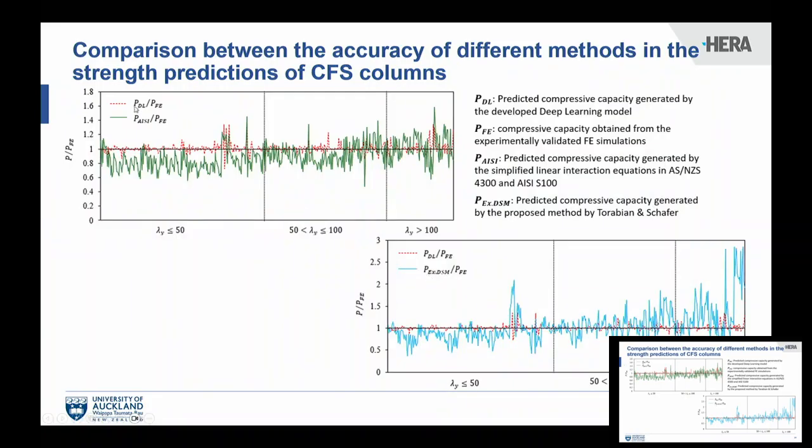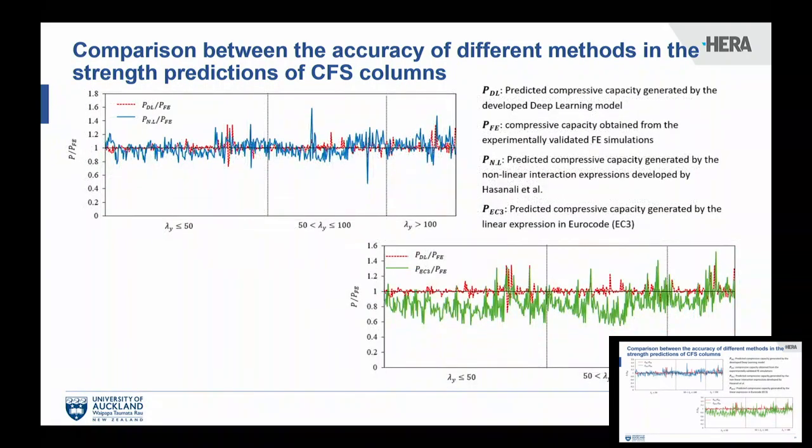We can see that the deep learning can provide the best predictions of the strengths of these elements, tightly clustered around 1, because they are normalized based on the FE results, while extended DSM can provide the most unsafe strength predictions for these structural components, especially when the slenderness of the cross-section is high.